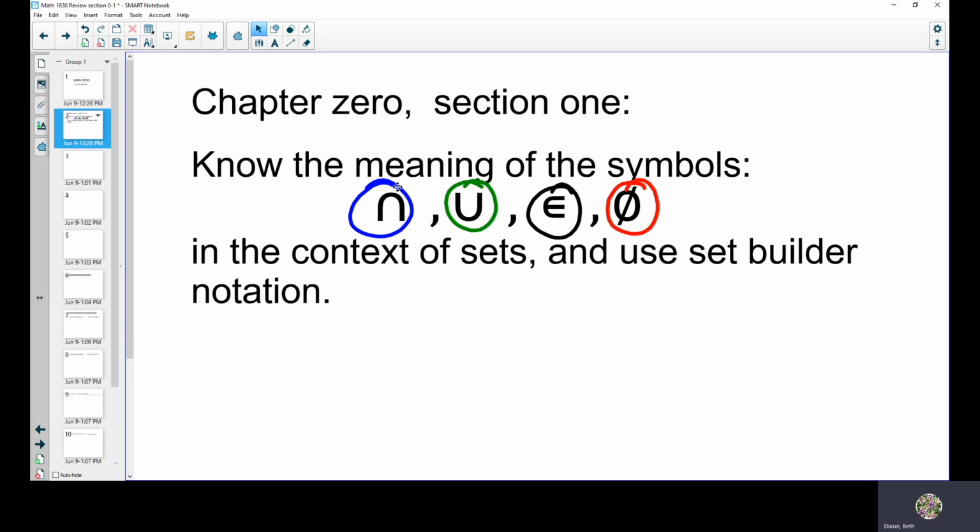Lots of people make their zeros this way, and I do not like that because the 0 with a line through it has a special meaning in math. So let's start with these symbols.